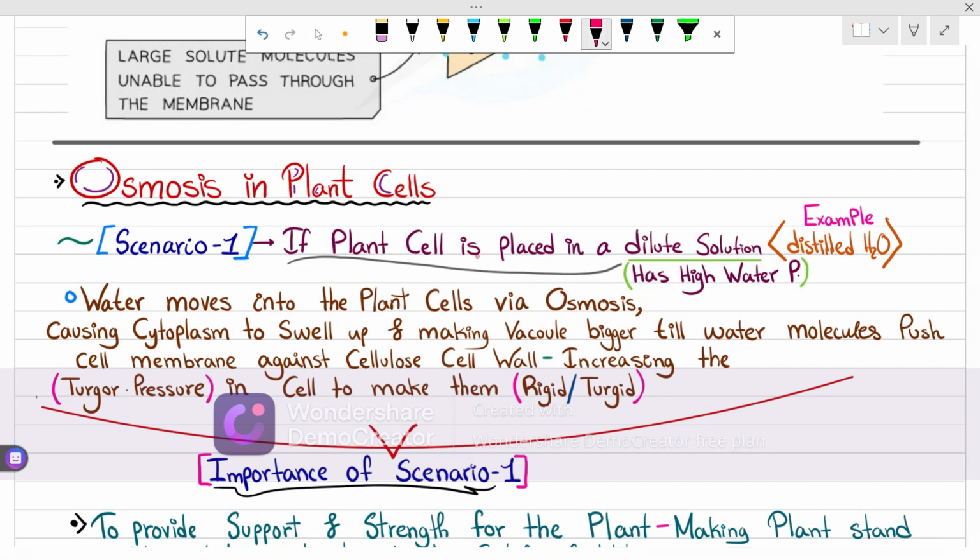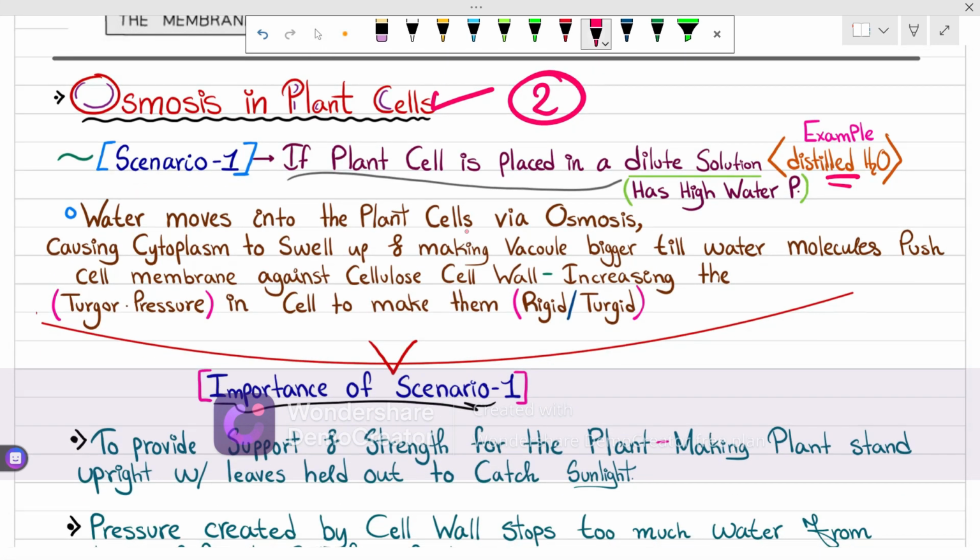Now we're going to study osmosis in plant cells and osmosis in animal cells. First, osmosis in plant cells. We have two scenarios in osmosis in plant cells. The first scenario: if a plant cell is placed in a dilute solution with high water potential, for example distilled water, what happens?